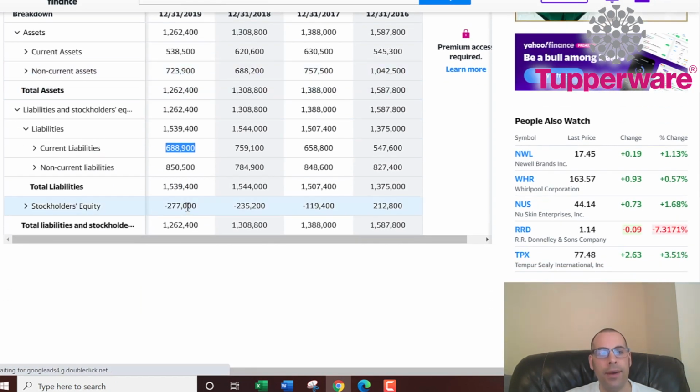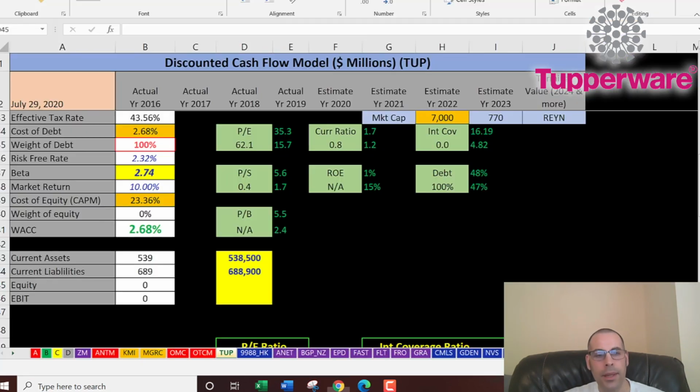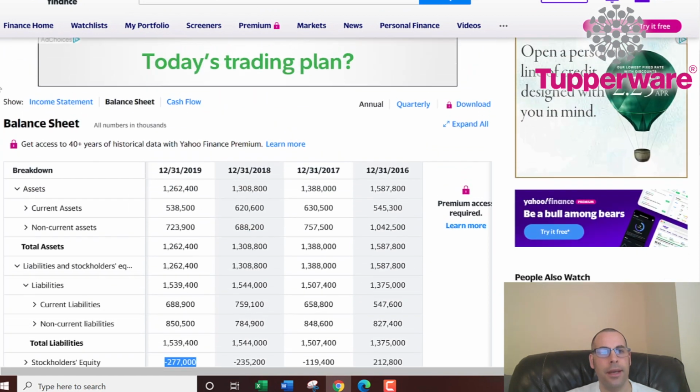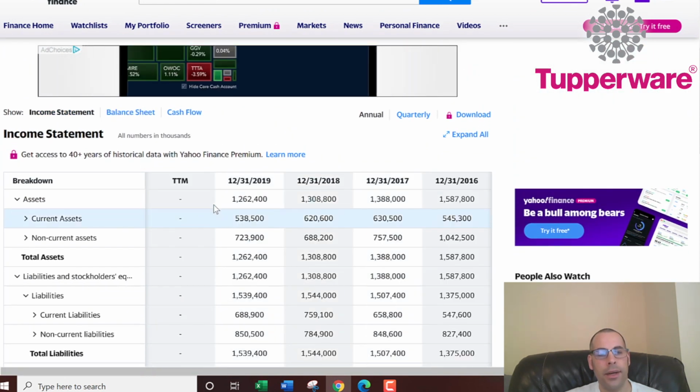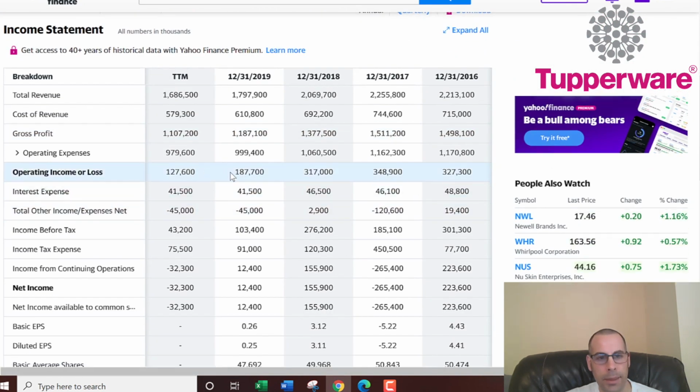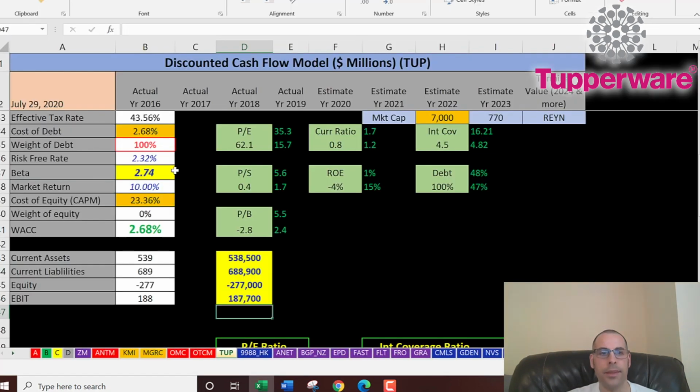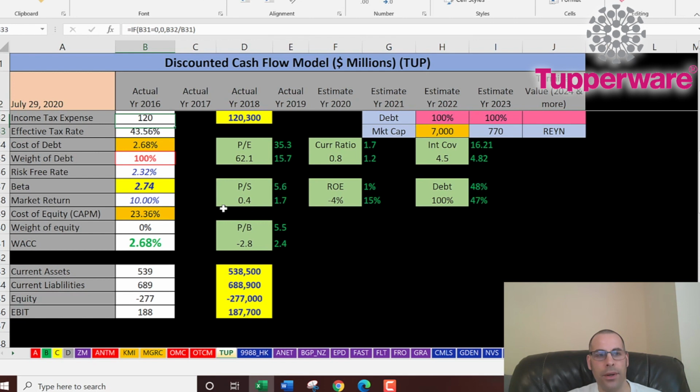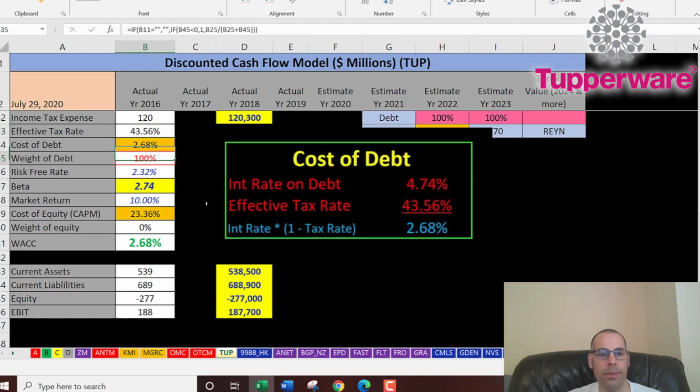And they have negative equity, so their liabilities are more than their assets. Let's look at their income statement, because we need their EBIT, earnings before interest and taxes. That's $188 million. Let's look at their capital structure. The cost of debt is 2.7%, and they're 100% debt.